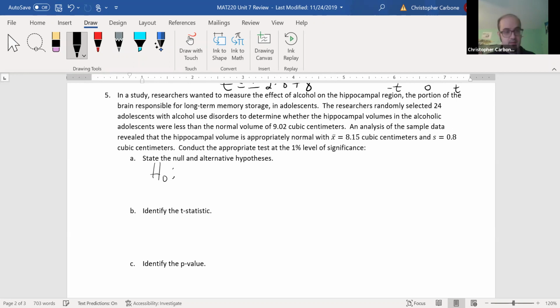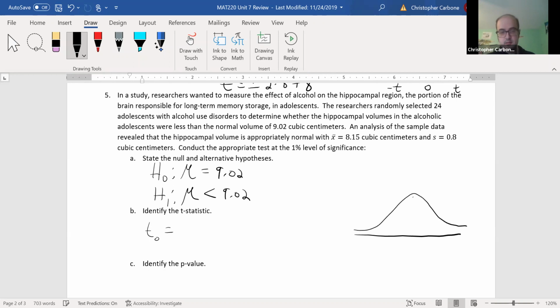This uses the null hypothesis, where the mean is 9.02 cubic centimeters, and the alternative, where the mean is less than 9.02 cubic centimeters. We want a test statistic. So the whole spiel to do with this, the mean of 0.